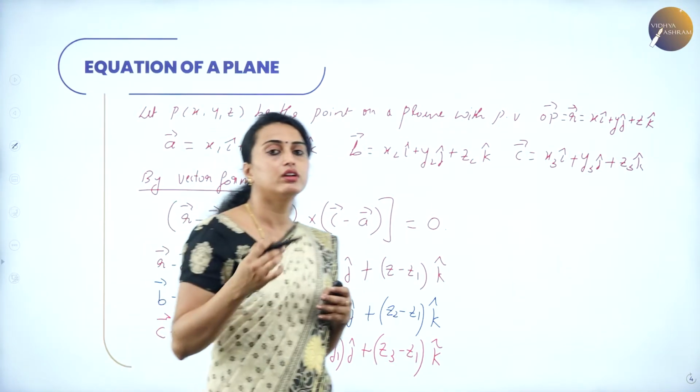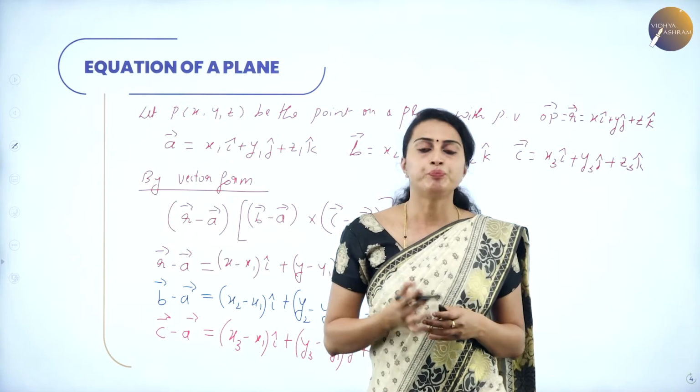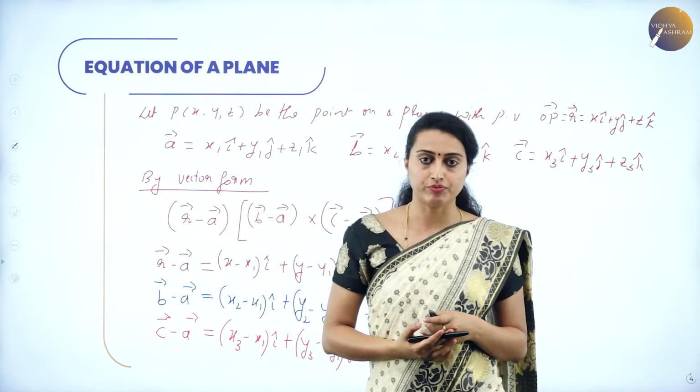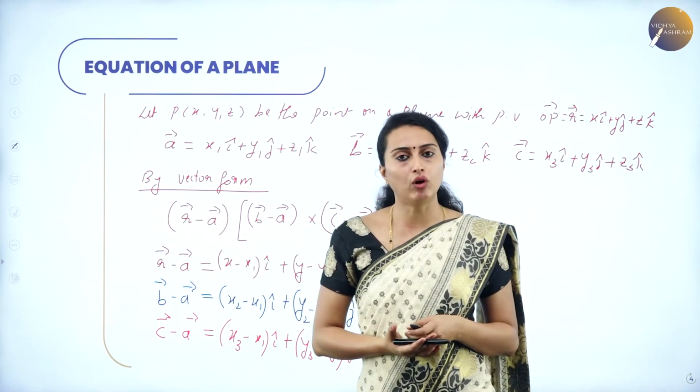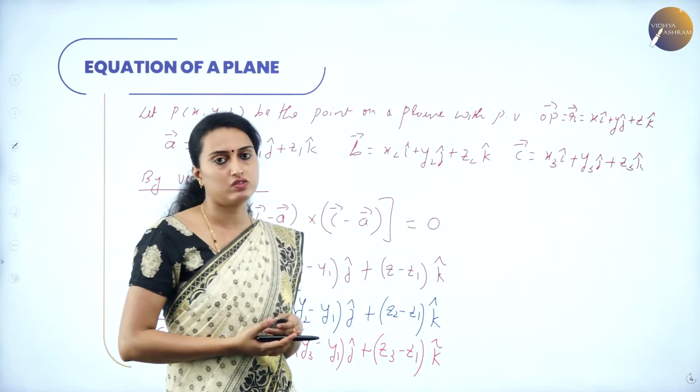So this is R vector minus A vector, B vector minus A vector, C vector minus A vector. Now, the scalar triple product of all this will be equal to what? A determinant equal to 0.